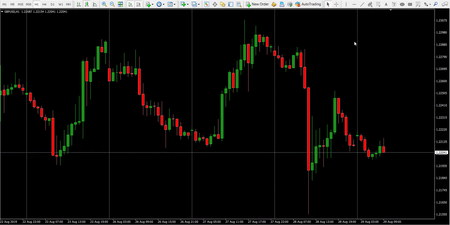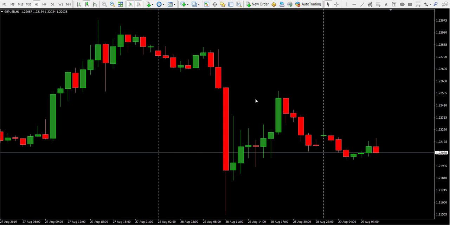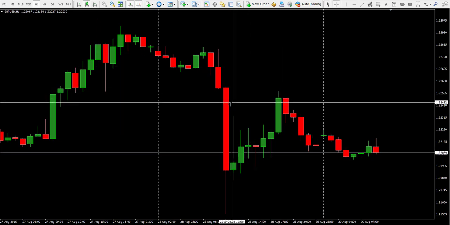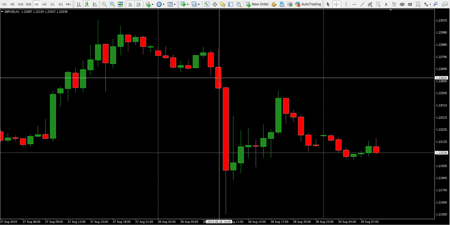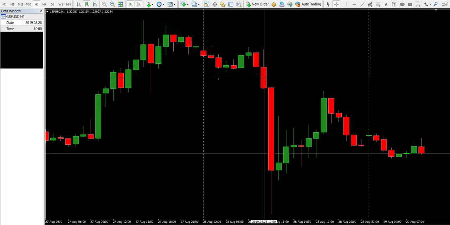So the strategy goes this way: your target is always going to be 50 pips, and your stop loss, let's do a quick recap. Let's take an example of yesterday. I'm going to select my cursor by Control F. Alright, let's go to the 10 o'clock candle. So this was our candle yesterday at 10 a.m. and the idea is really simple.